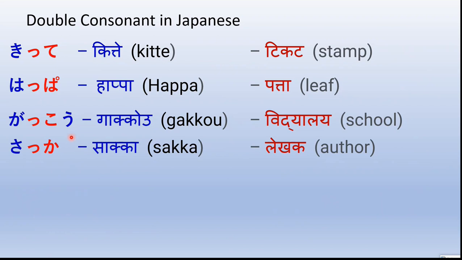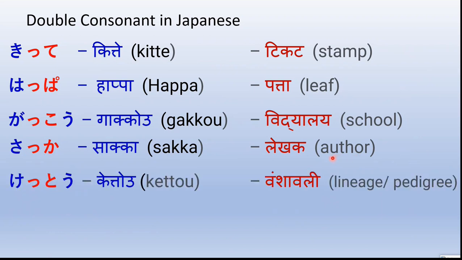The next one is sakka. Sa, and then we have the double consonant sound of ka, which is sakka. Ka is preceded with this small tsu, also called chisaitsu. Sakka means author or a writer. Then keito, again with an additional u at the end. Keito means lineage or pedigree.